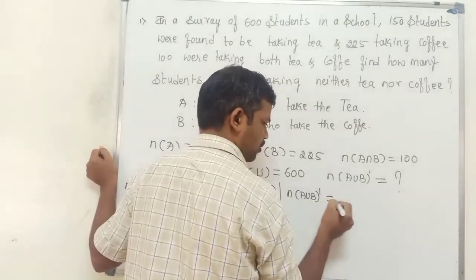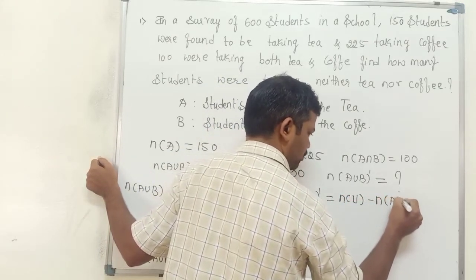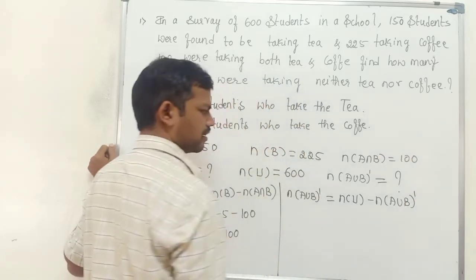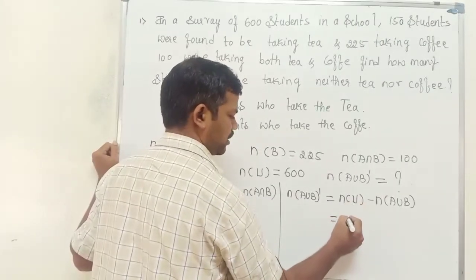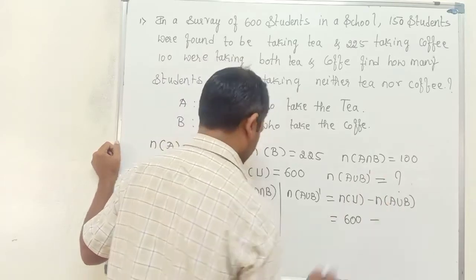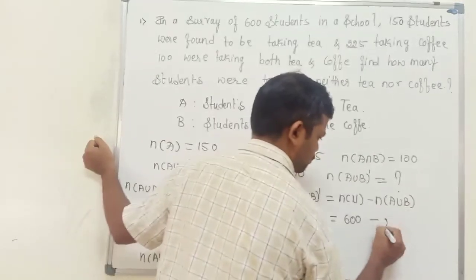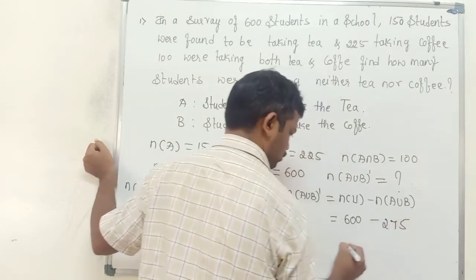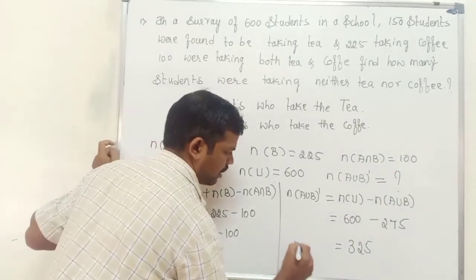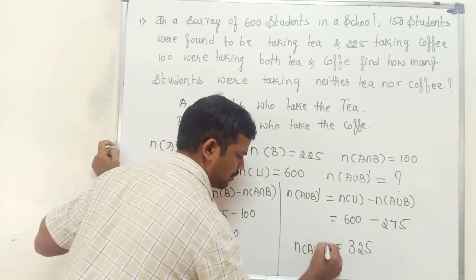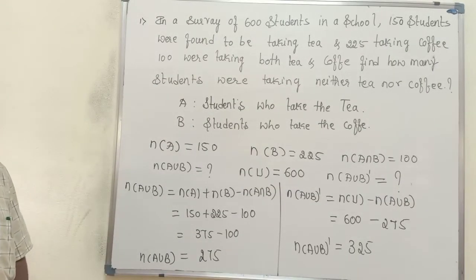We know that it is n of U minus n of A union B. So it is 600 minus 275, which leaves 325. So n of A union B complement is 325. This completes the problem.